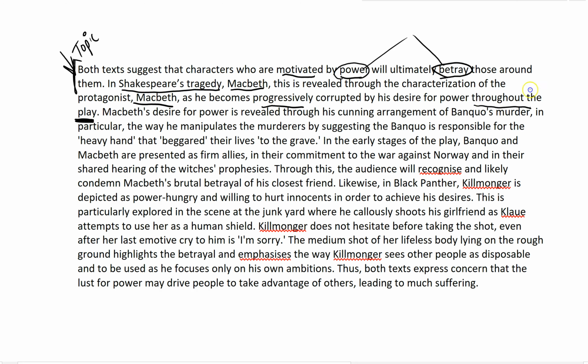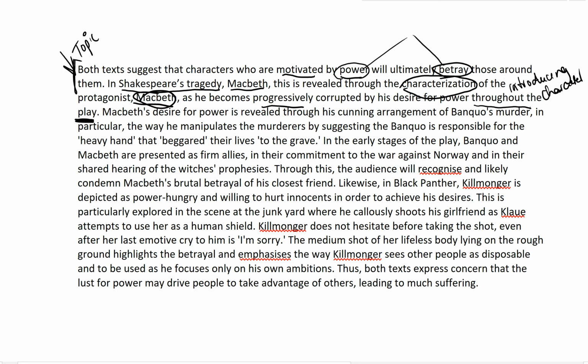We're referring to the play explicitly. And we've also used meta language here with characterization. So this is kind of introducing the character, and the character is Macbeth.